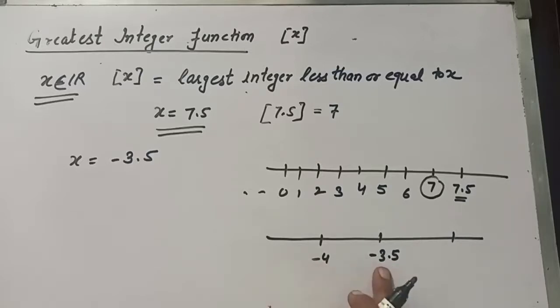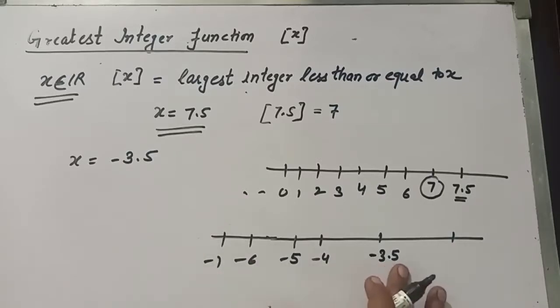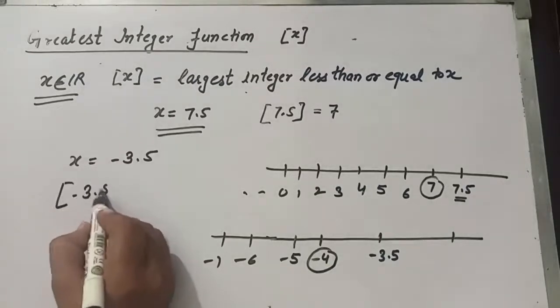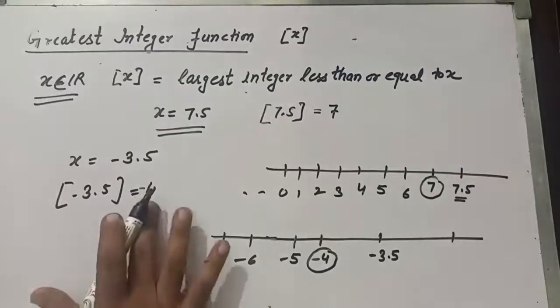Minus 4 is less than minus 3.5, because the greater the integer in negative, the smaller it is. Minus 5 is also less than minus 3.5, then minus 6, minus 7 and so on. All these integers are less than or equal to minus 3.5. And what is the greatest among these? Minus 4. So the greatest integer of minus 3.5 is minus 4.